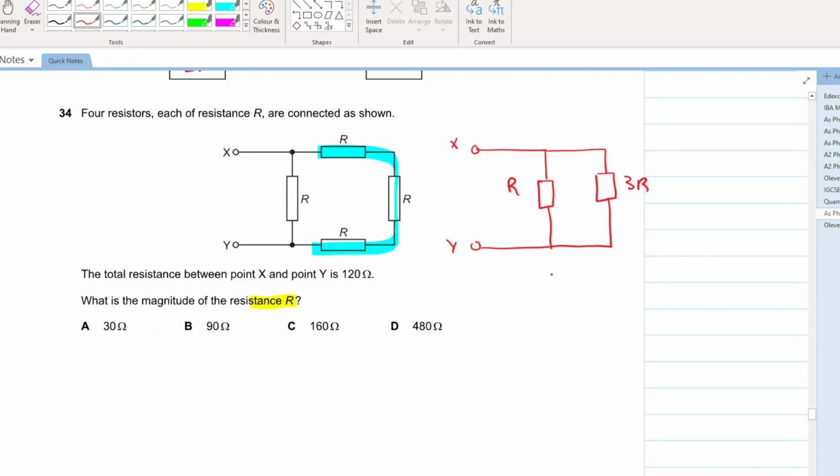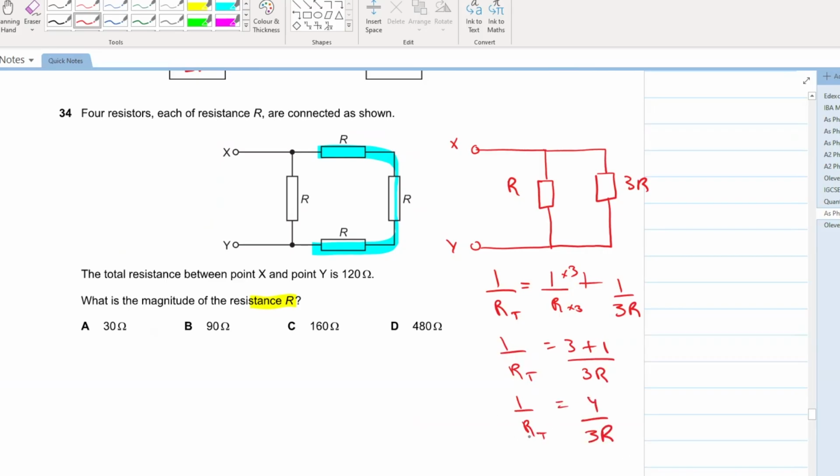Very easy. 1 over R plus 1 over 3R is equal to 1 over RT. Multiplied by 3, 3 plus 1 over 3R is equal to 1 over RT. 1 over RT is equal to 4 over 3R.